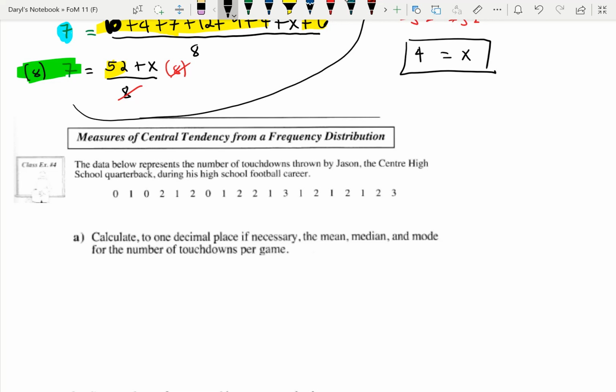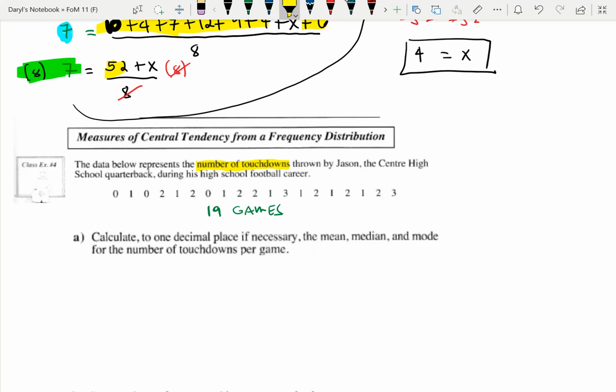If you count all of them, this has a total of 19 games. So these are the number of touchdowns.